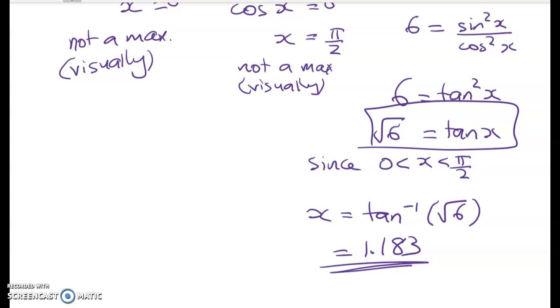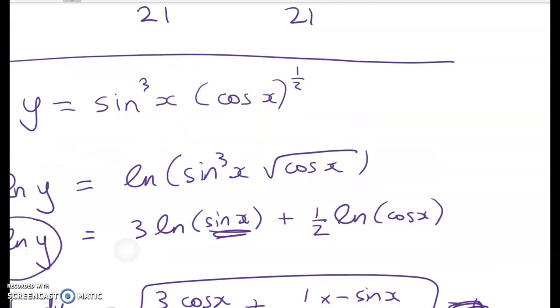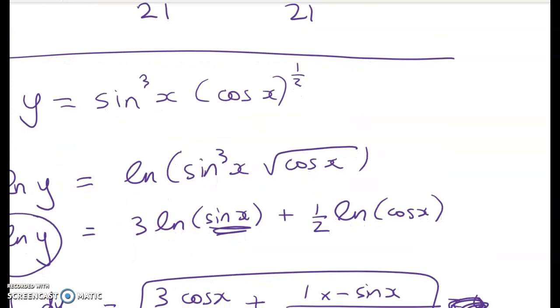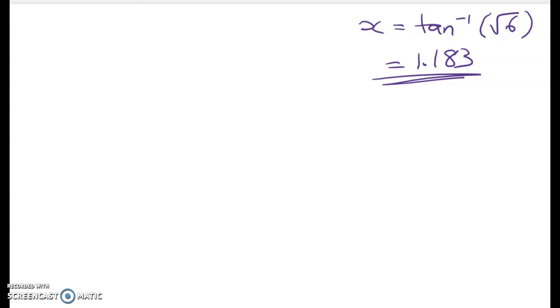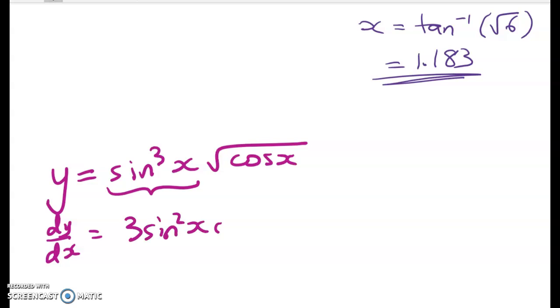Now I'm going to do it the way that most of you tried to do it, and some of you got there, and that's the standard way, just using the product rule. So dy by dx is going to equal, I'll differentiate this one first, so 3 sine squared x times cos x times this one, root cos x, plus the other way around.